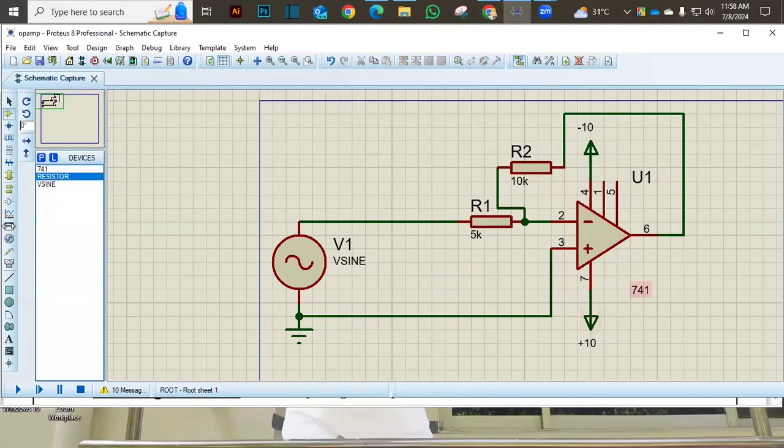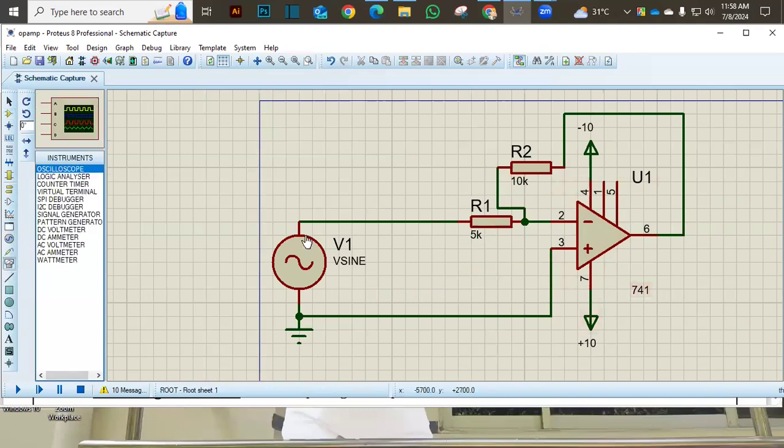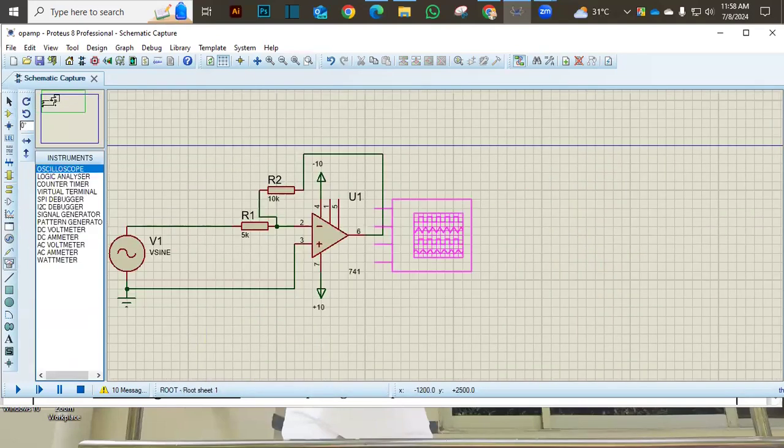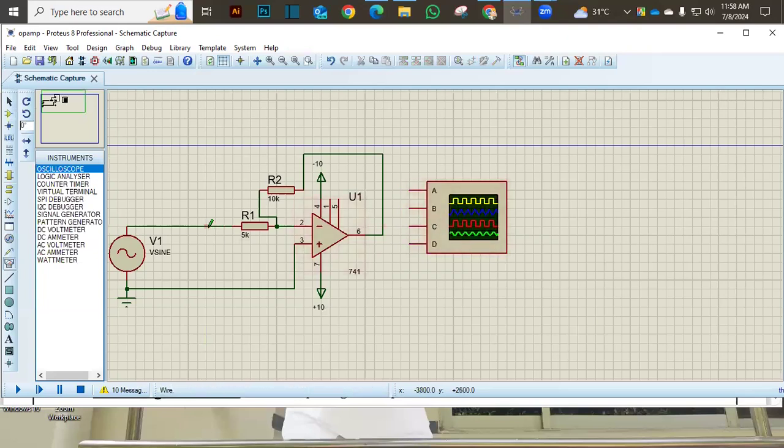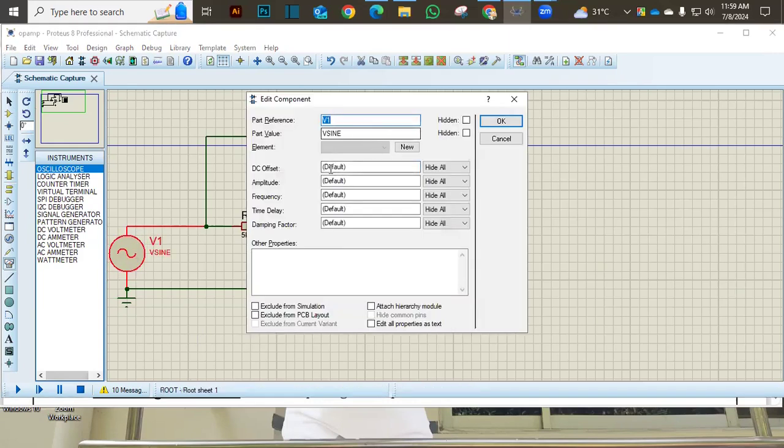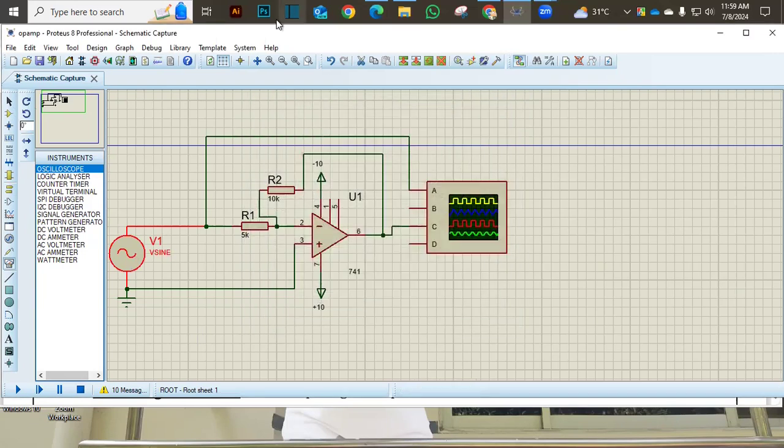Okay. Now we need an oscilloscope to see the actual output here. Our terminal A will be connected to the input, and our terminal C will connect to the output. We set our V sine amplitude to 5 volts, and our frequency is set to 1000 hertz.